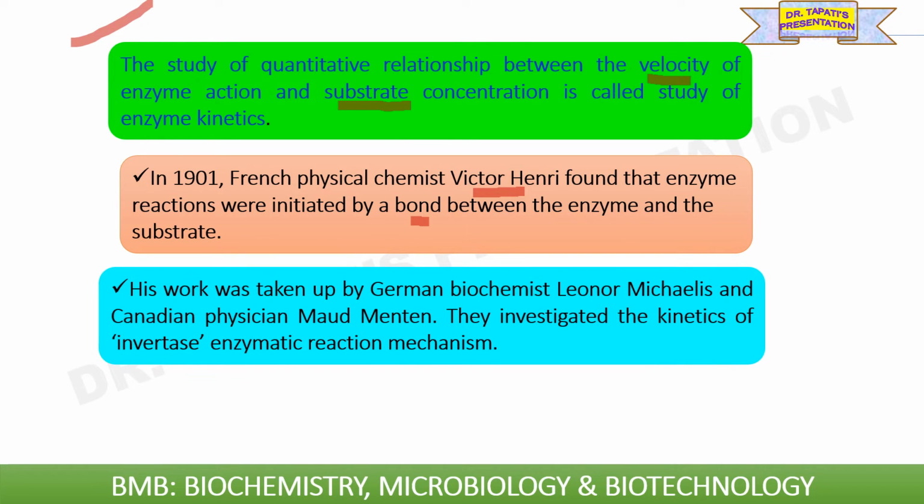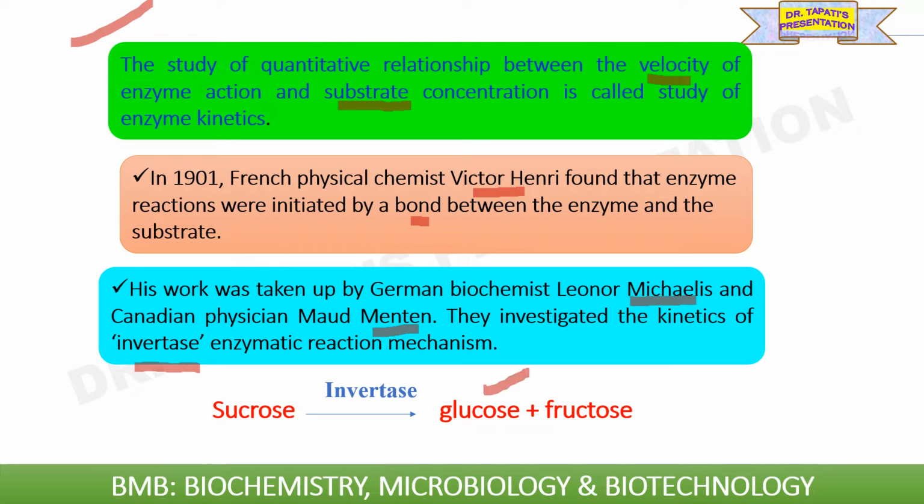His work was taken up by German biochemist Leonor Michaelis and Canadian physician Menten. They investigated the kinetics of the invertase enzymatic reaction mechanism. Invertase enzyme converts sucrose to glucose and fructose.